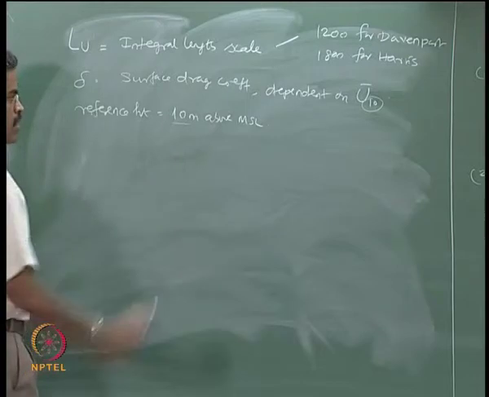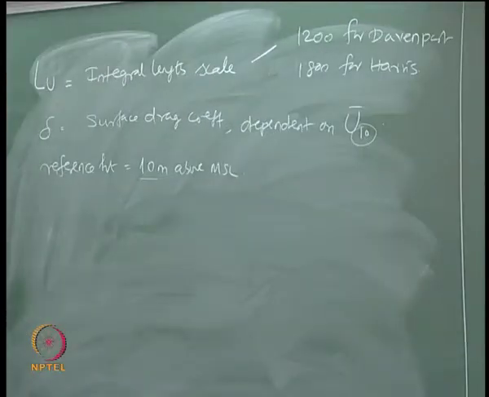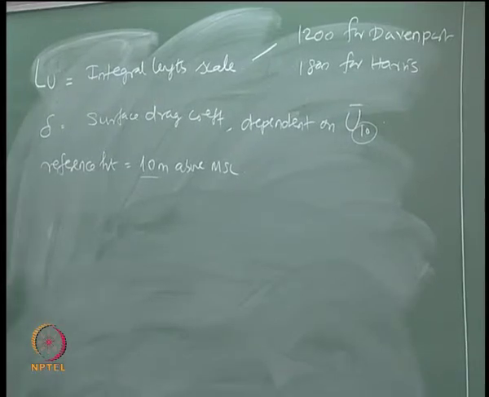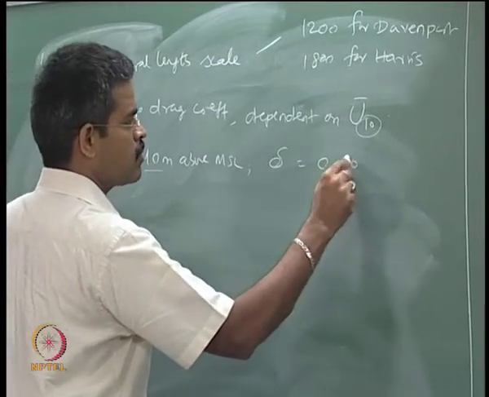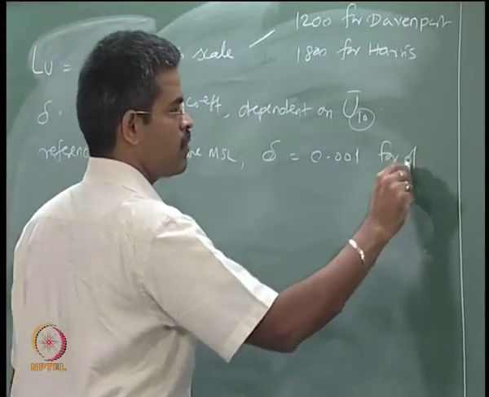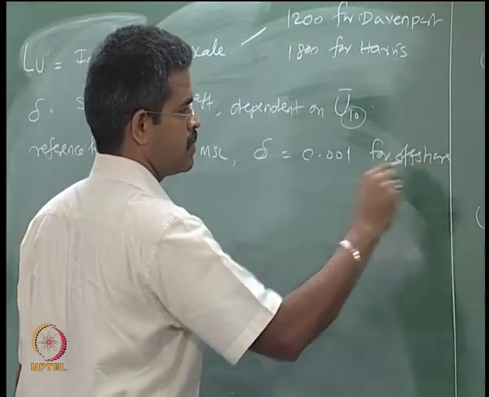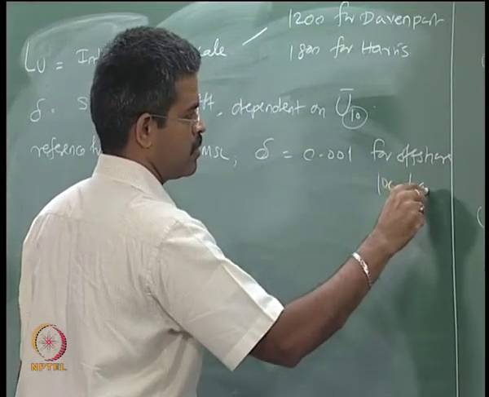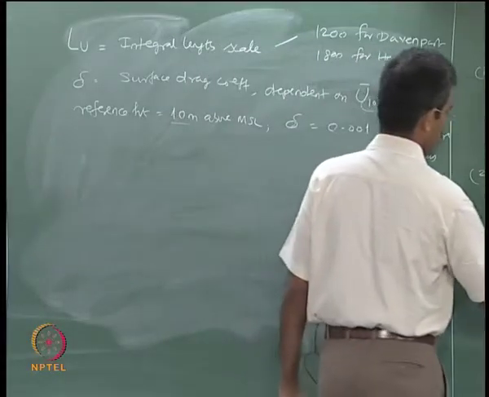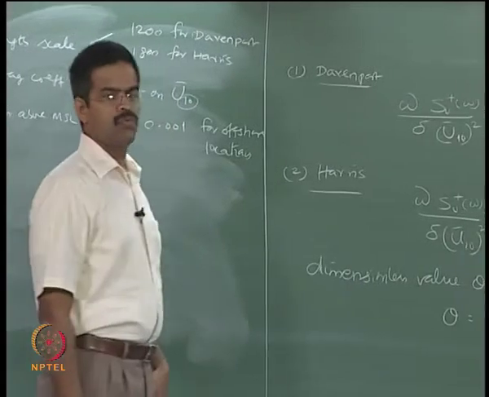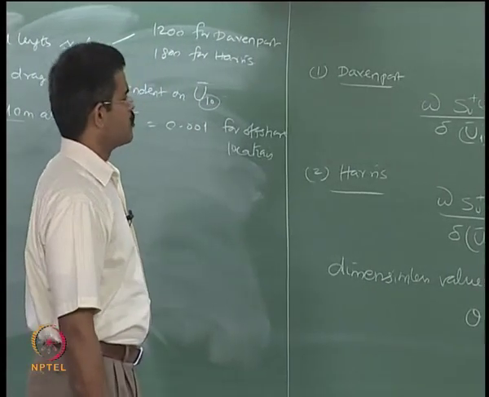This is where you generally compute the wind velocity. The value of delta is generally taken as 0.001 for offshore locations. So these two spectra are also popular to compute the wind forces on offshore structures.